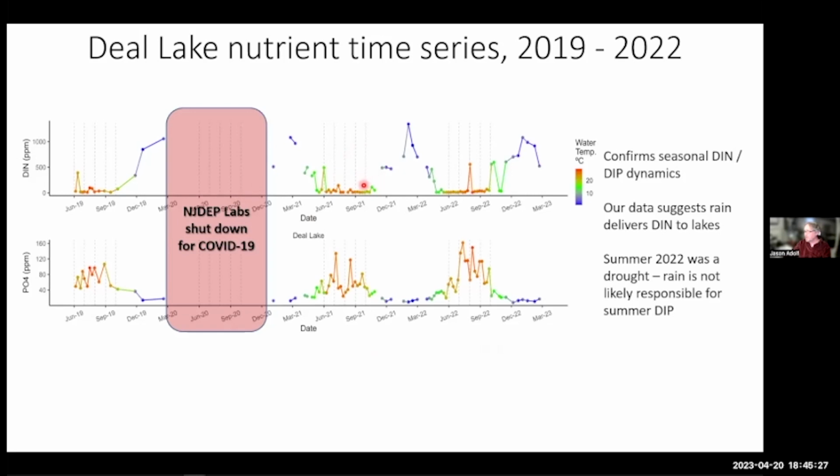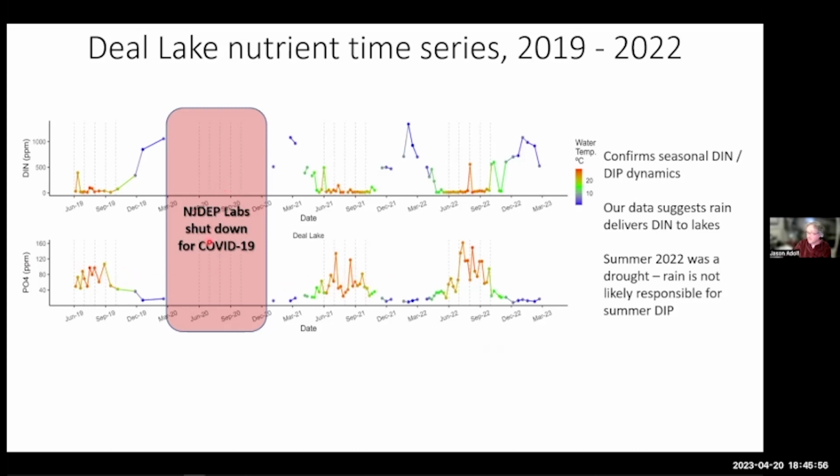This nutrient time series shows that in the years since we published that paper, we've continued to measure dissolved inorganic nitrogen, so things like nitrate and ammonia, and inorganic phosphate. These are the nutrients that make algae grow. And what we see is in the summer, in the warm periods, the red parts of the line, nitrate is very low, and phosphate is really high, in excess.